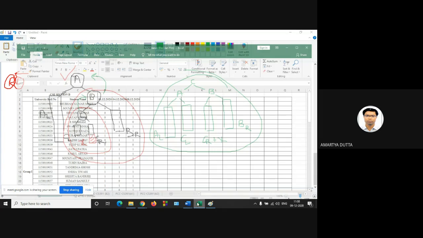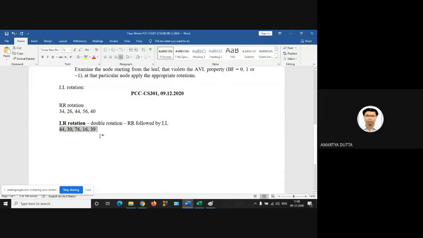So let us have an example. This is a complex example from GATE.